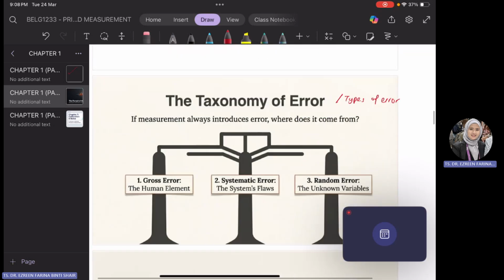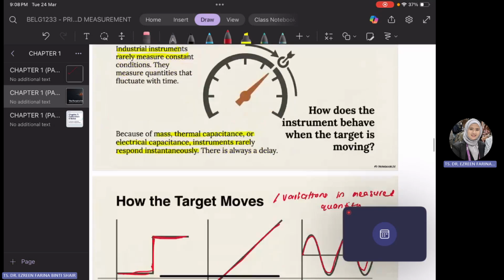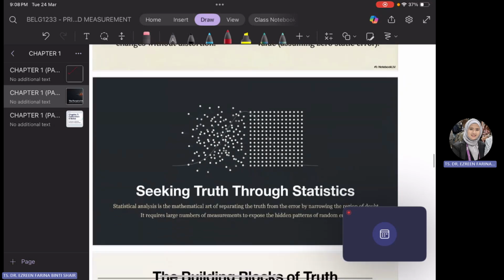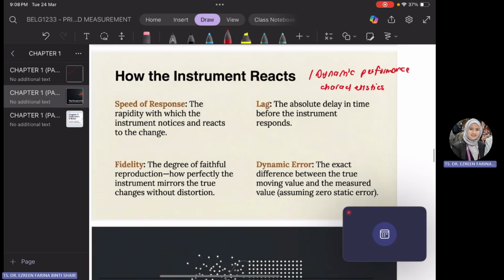But different to dynamic measurement, to determine whether the performance is good or not, there are four parameters that we will look into.